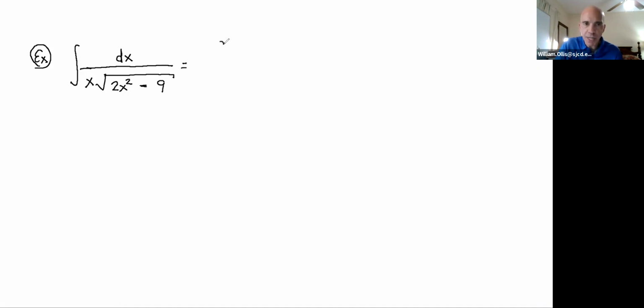So let's do some manipulation. Note here, u will now be, we want to write this as the square root of 2x, because when we square that, we get 2x squared, and a is just 3.